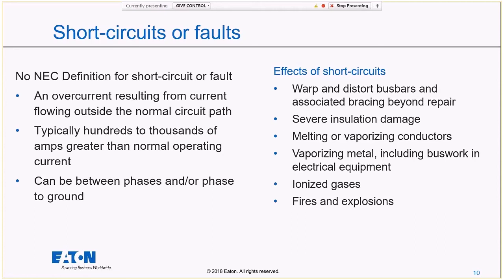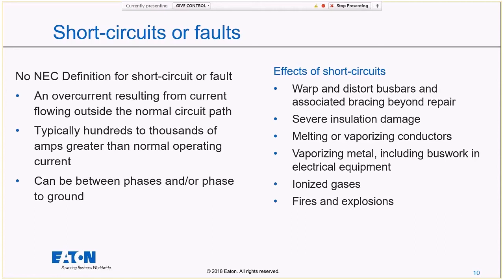So they're really all still interchangeable. When you see short circuit, when you see fault, same thing. And that is an overcurrent resulting from current flowing outside the normal circuit path. These can be hundreds to thousands of amps greater than our normal operating condition, and they can be between phases or between phase and ground. So that's how we get a short circuit or a fault condition.